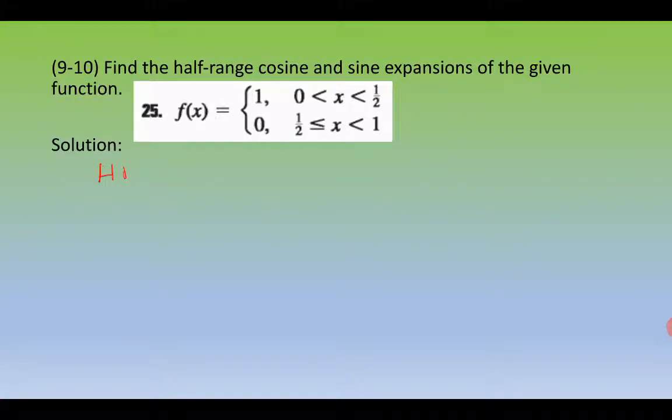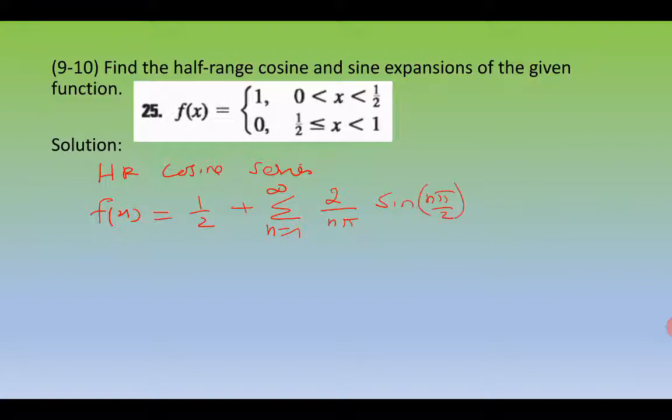Half range cosine series for f of x, which is a0 by 2 plus summation n from 1 to infinity 2 over n pi sine n pi by 2, which is our An, and cosine n pi x.